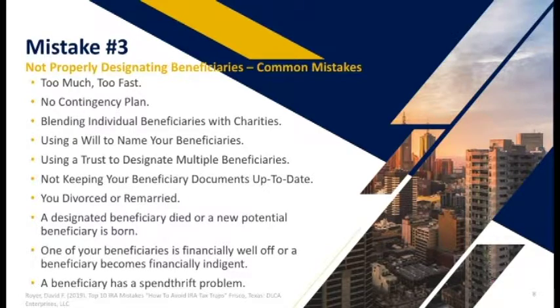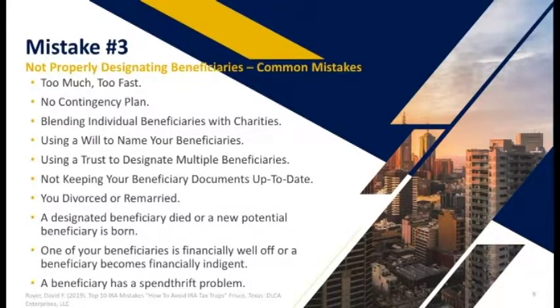Another mistake is using a will to name your beneficiary. A lot of people want to use a will. They say, well, I have my beneficiaries designated by what's in that will. Well, wrong. Here's the deal. When you complete the paperwork, that is the IRA document, and you designate your beneficiaries, Carol, that trumps the beneficiaries in that will.